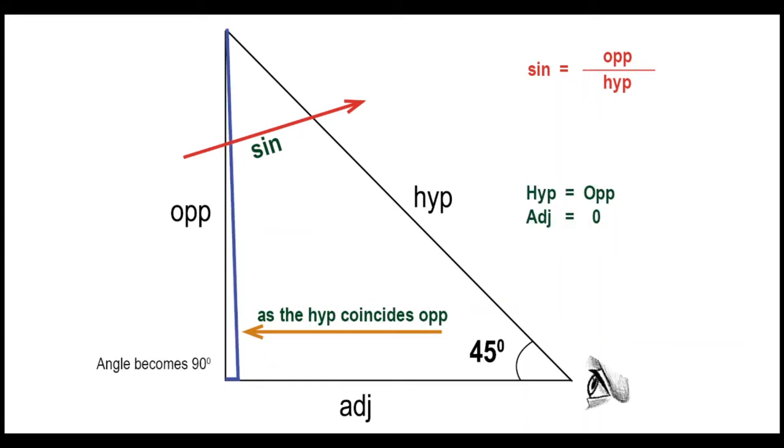As the hypotenuse coincides with opposite or joins the opposite, at that moment hypotenuse is equal to opposite and the angle becomes 90 degree. Also, the adjacent equals to 0.